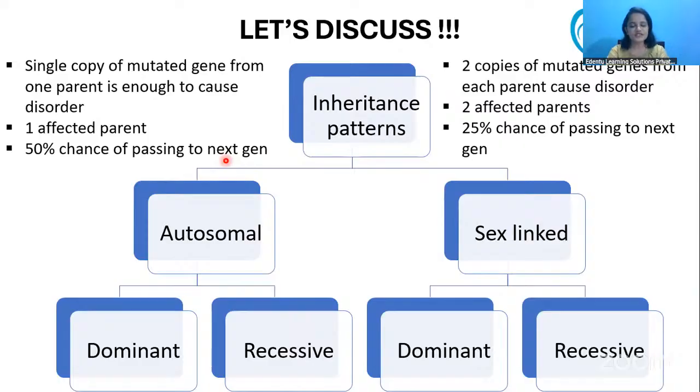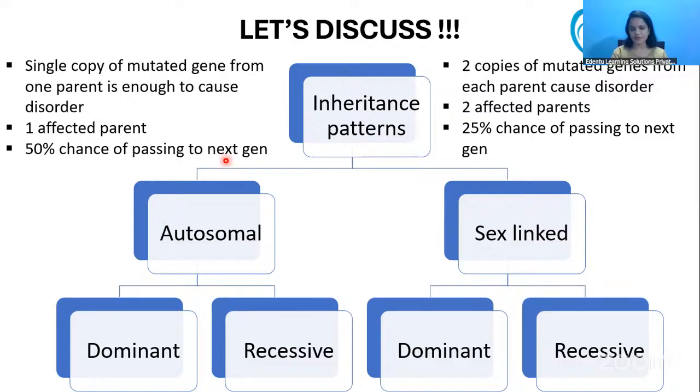Inheritance patterns can be broadly of two types: the autosomal inheritance pattern and the sex-linked inheritance pattern. Before that, you should know about the autosomes and the sex chromosomes. Take any cell in our human body; if you look at the chromosome number, there will be 23 pairs of chromosomes, or 46 chromosomes.